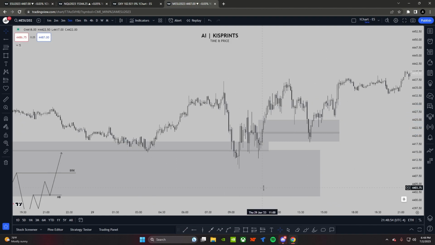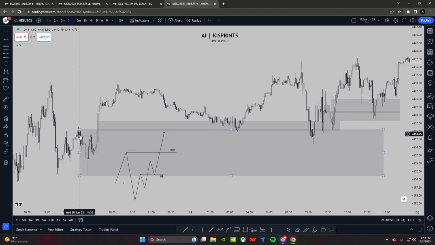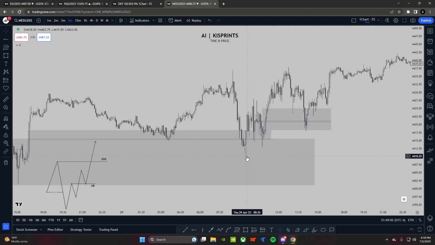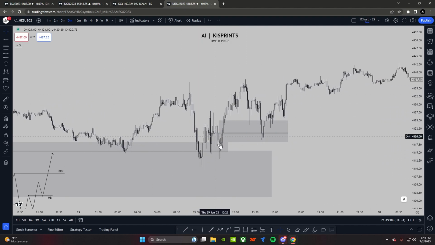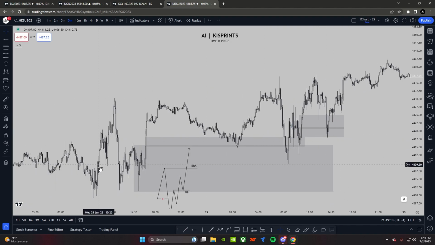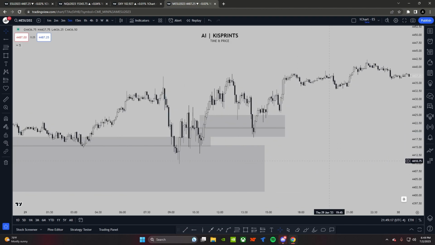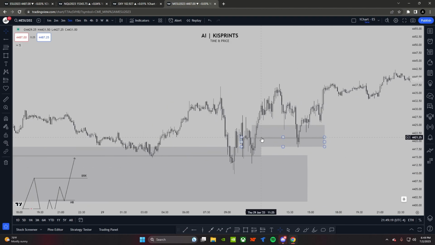So that is actually a better example than this one. So this was the mitigation block that created the breaker block, that created the secondary mitigation block, that created your entry. You see how this was Wednesday's trading, and then the Thursday right after, we created literally the same setup. So these setups are provided every single day.